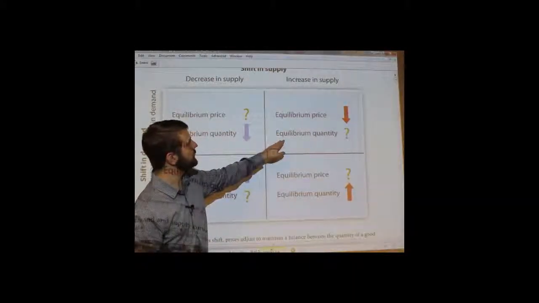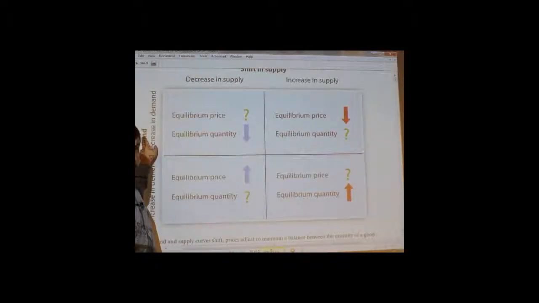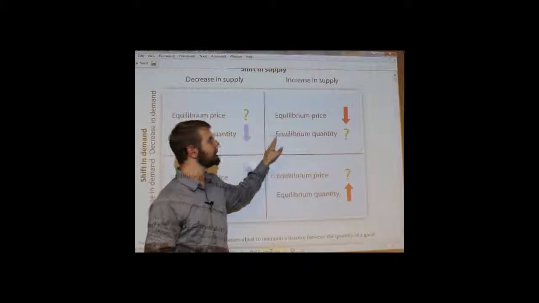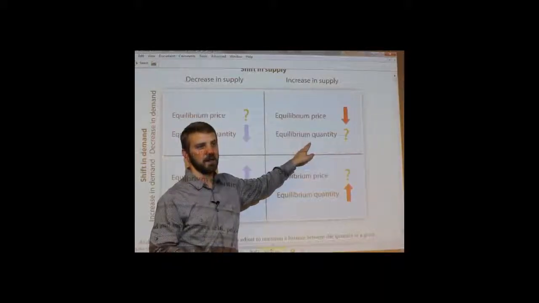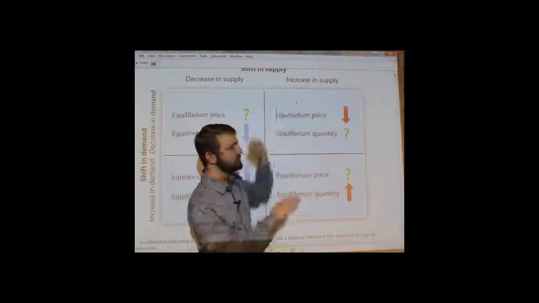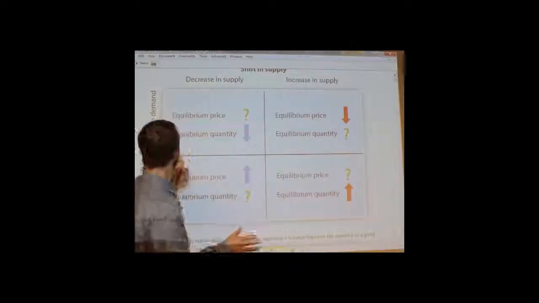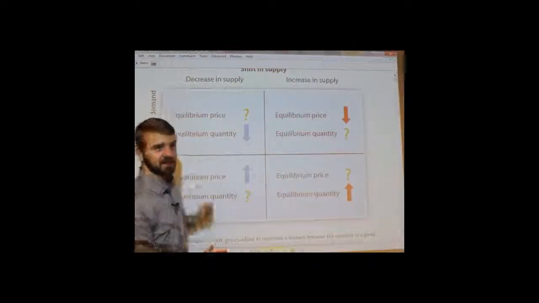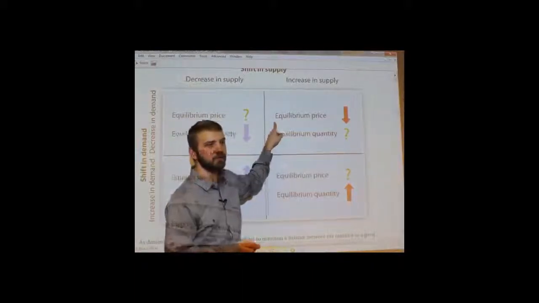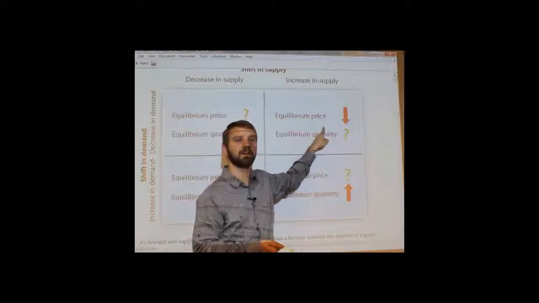If supply increases and demand falls, then we know that price is going to fall, but we don't know what's going to happen to quantity. And why is that? Well, an increase in supply causes price to fall by itself. And by itself, a decrease in demand also causes price to fall. So both of these forces are causing price to fall. They work together.